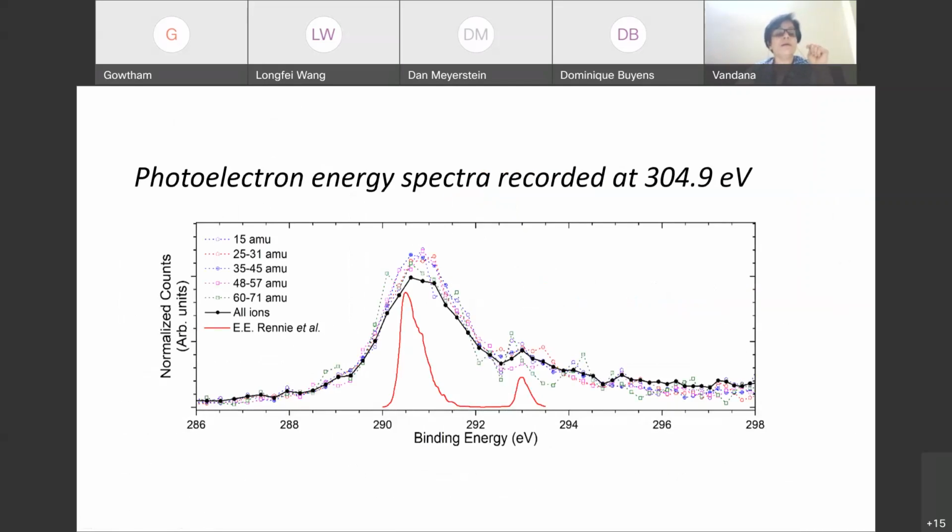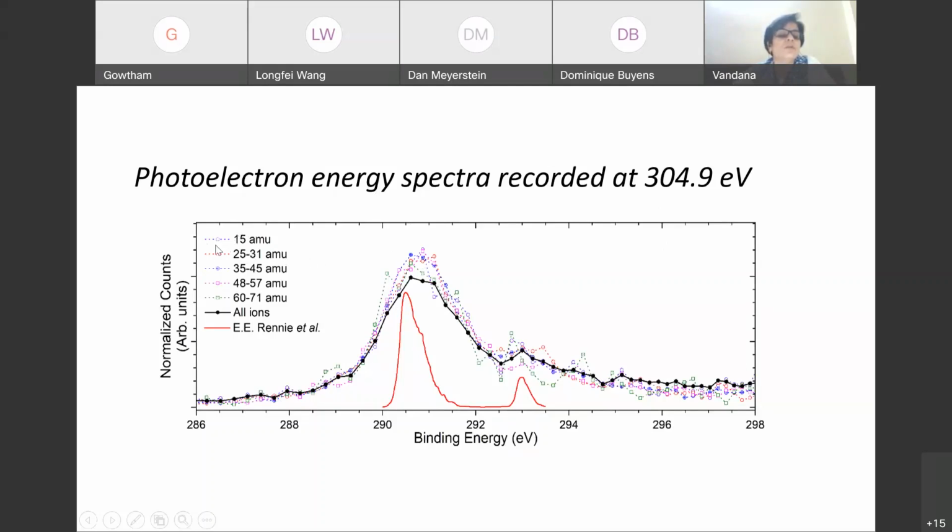Now, looking at the photoelectron energy spectra, the black curve is from all the fragments. This is the electron energy spectrum recorded for all the fragments which are coming out.